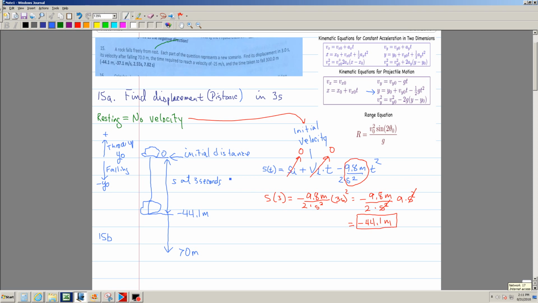You can probably use this equation. Let's see, it says v sub y equals v sub y initial, that's what the sub o is, minus gt.